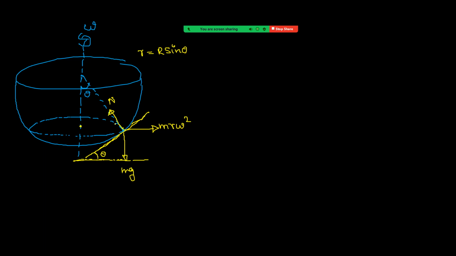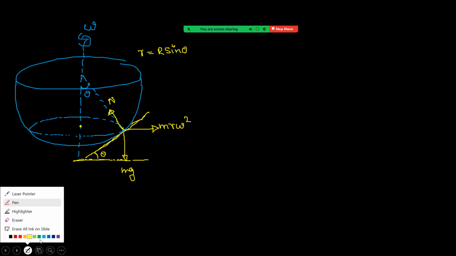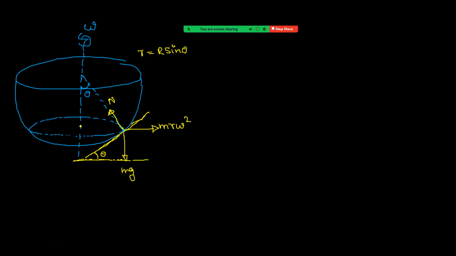Okay. So I'm taking components along the tangent and normal to the tangent. Normal to the tangent, it is mg cos theta, and for the pseudo force, m r omega square sine theta.